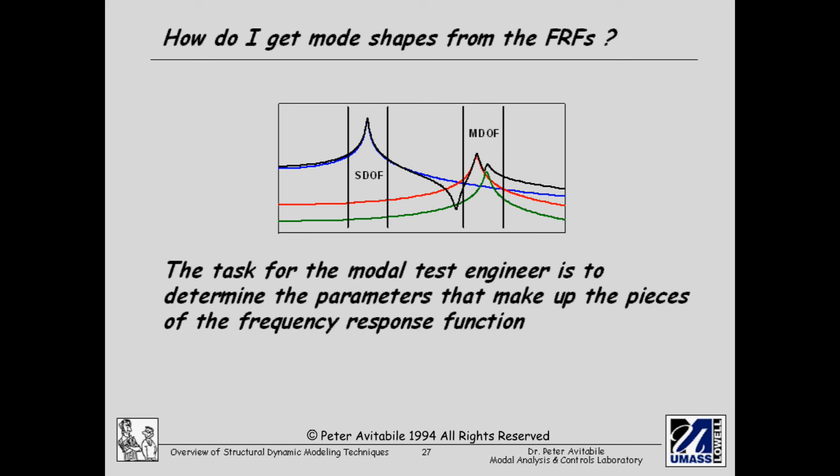Now, originally we did this by just picking peaks. Well, that's a very simplistic approach, and really what we want to do is apply some mathematical methods to this. But as I look at it, I'll notice that at the first peak there's basically a single mode and there's not much interaction with the other modes of the system. But when I get to mode 2 and mode 3, I'm going to notice that the modes are very, very close to each other.